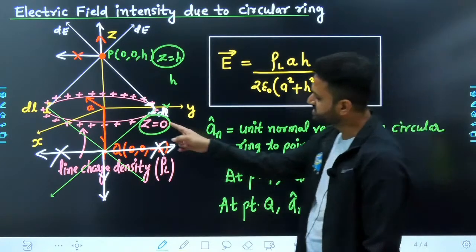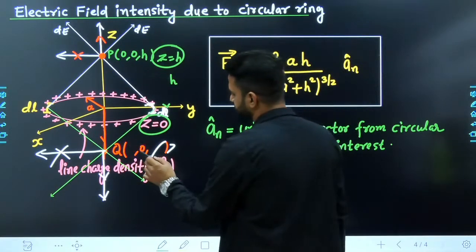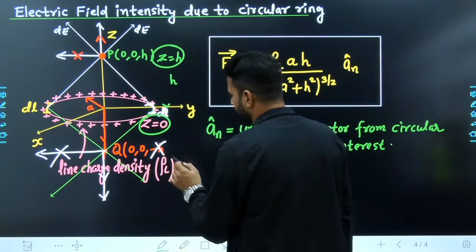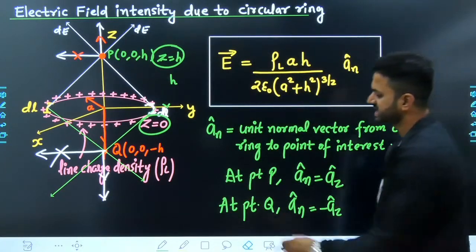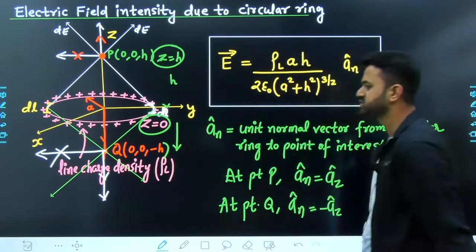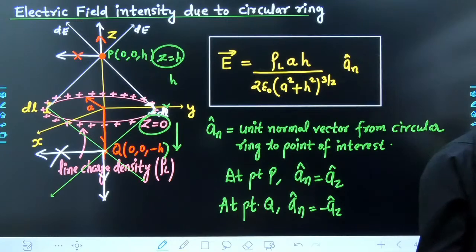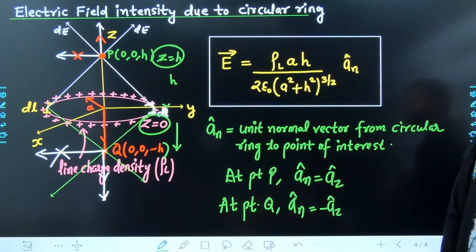When you move from Z is equal to 0 to Z is equal to minus H, you are moving in the negative direction, and the unit normal vector will be minus AZ.